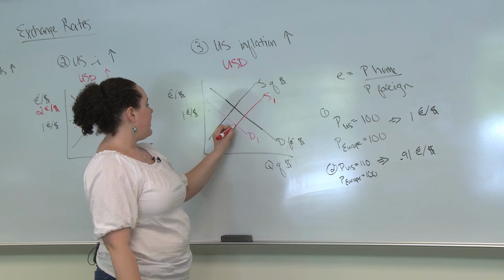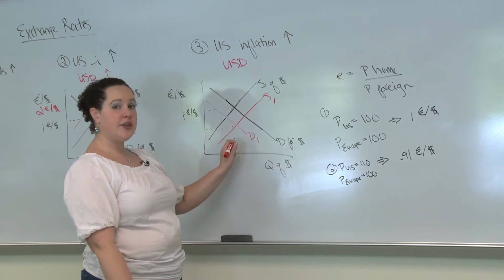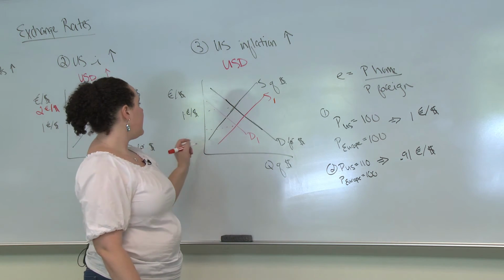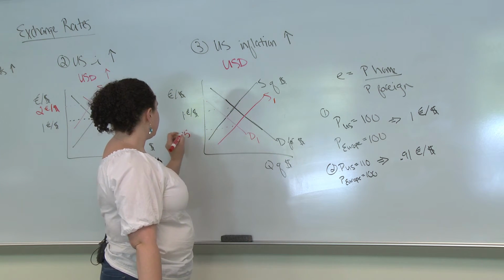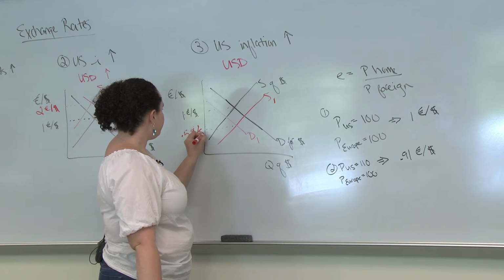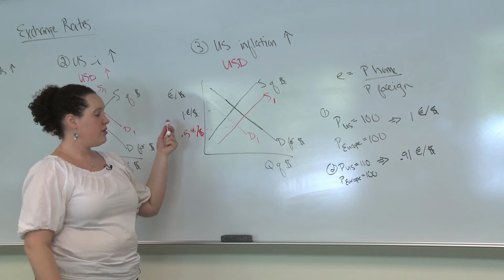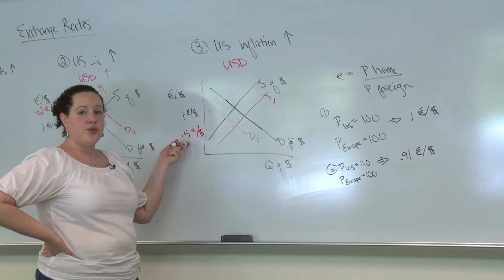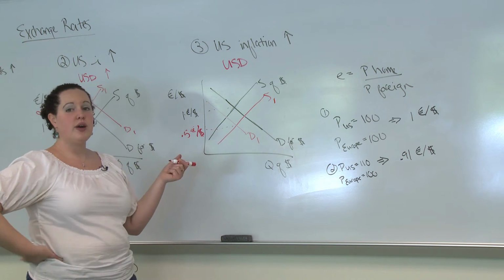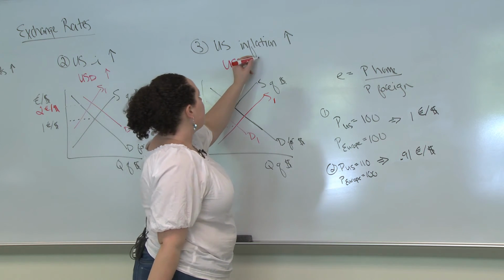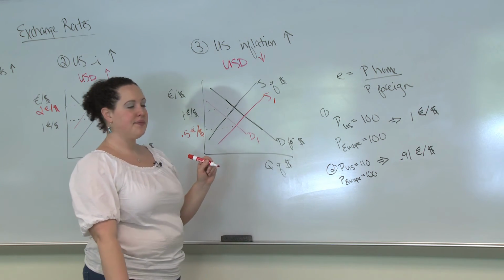So the overall effect of these two changes, the decrease in demand and increase in supply, is that the exchange rate is going to go down. So before, if $1 would buy you €1, now a dollar only gets you half of a euro. So if the US inflation rate goes up, the US dollar depreciates.